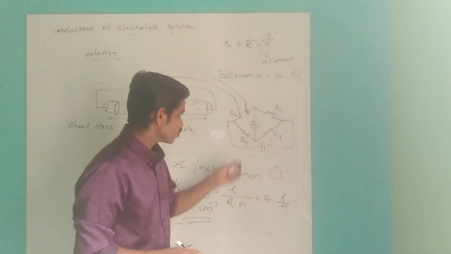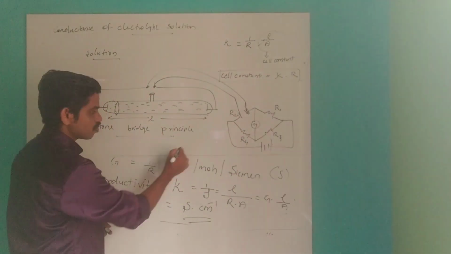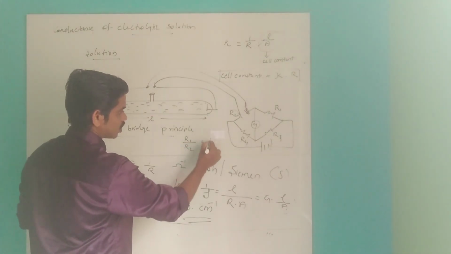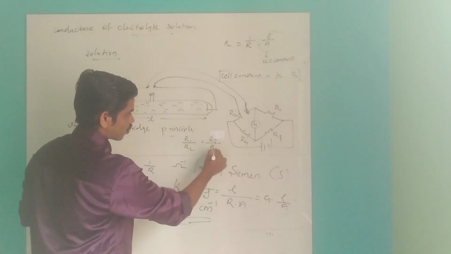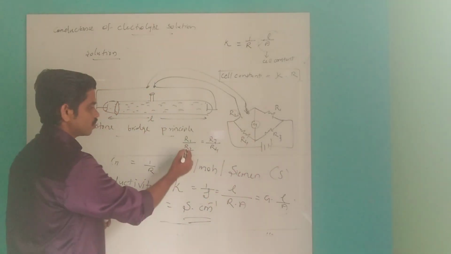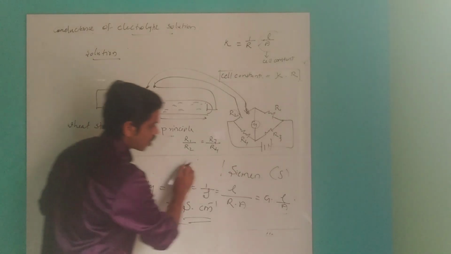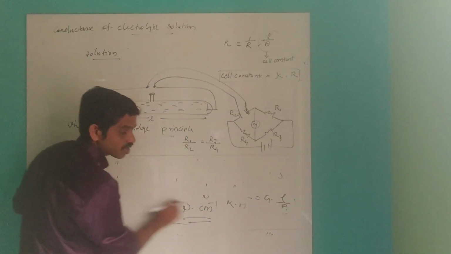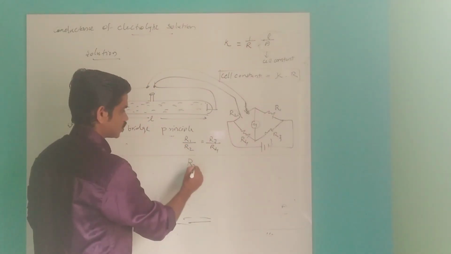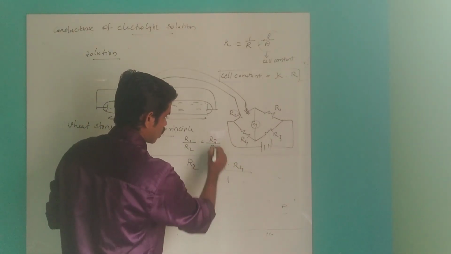Now you measure R2 by the Wheatstone bridge principle: R1 by R2 is equal to R3 by R4. From this, R2 is equal to R1 into R4 divided by R3.